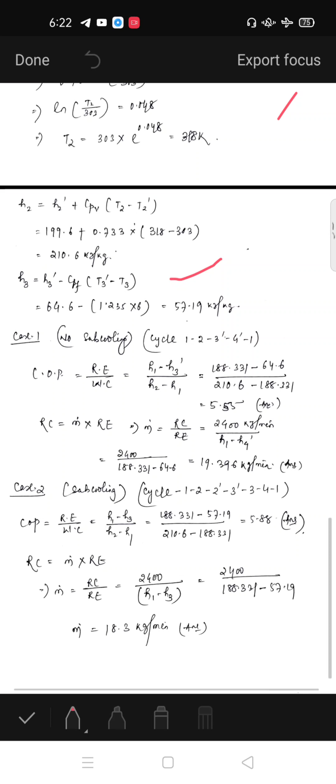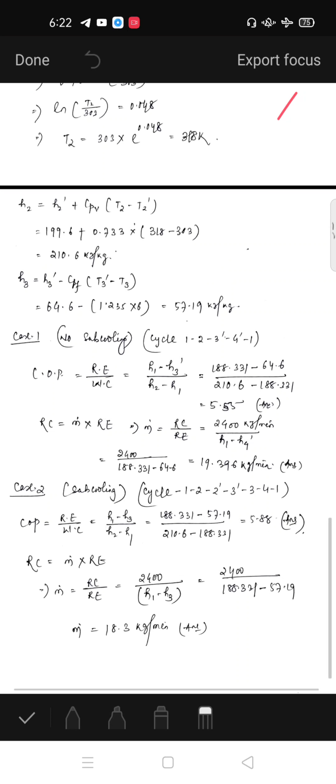In the question it says it is 6, so just put the value of 6 here, and you can find the value of enthalpy at 3, that is 657.19 kilojoule per kg.